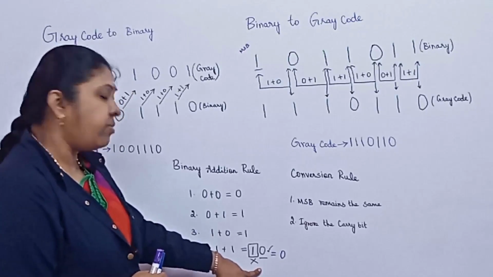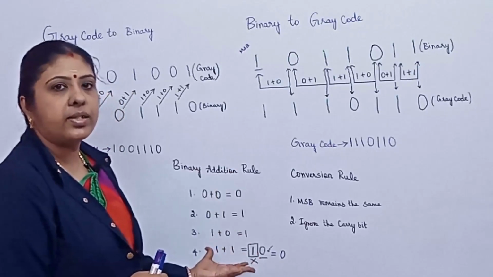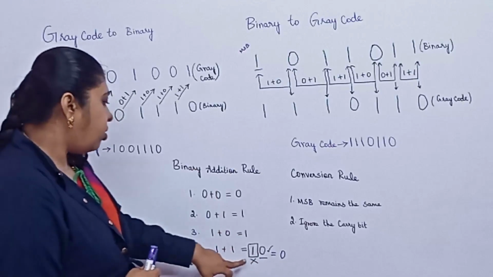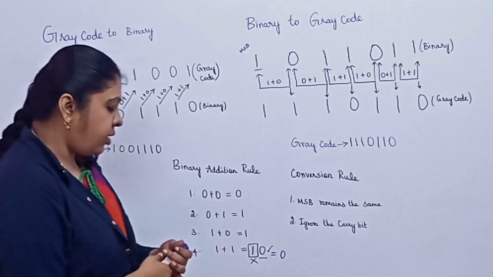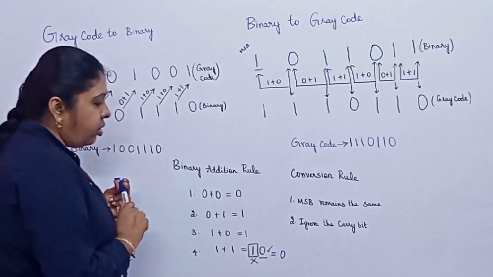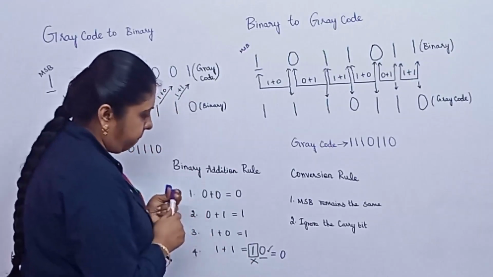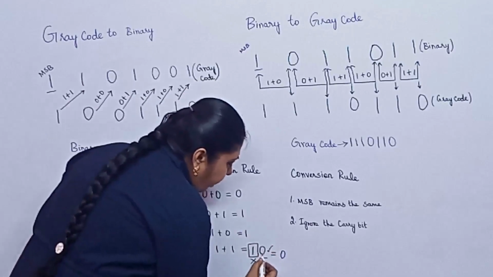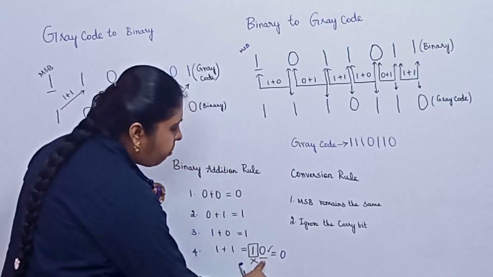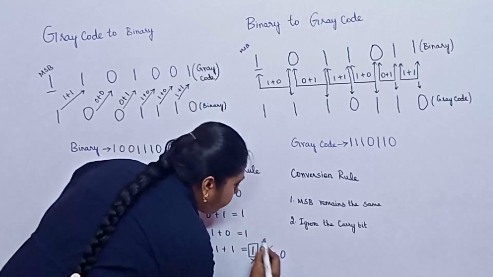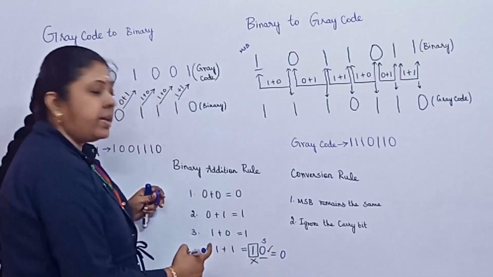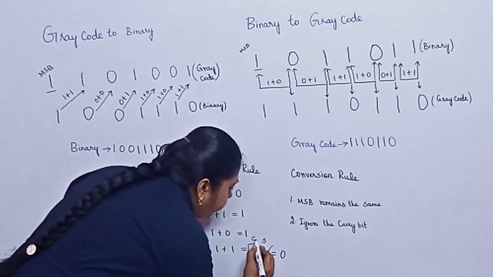In the number system conversion series, we had been discussing these points. So 2 can be represented as 1, 0. In this 1, 0, the 0 can be represented as a sum bit, and the 1 can be represented as a carry bit.